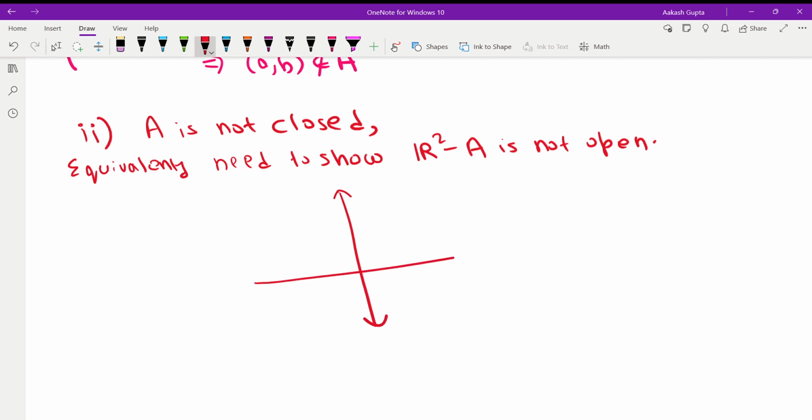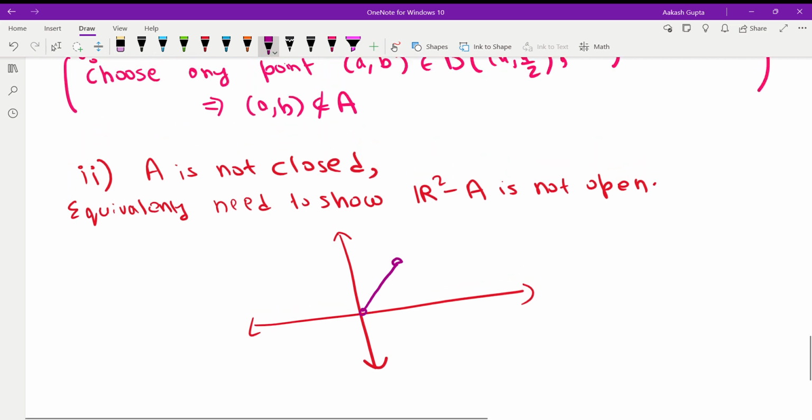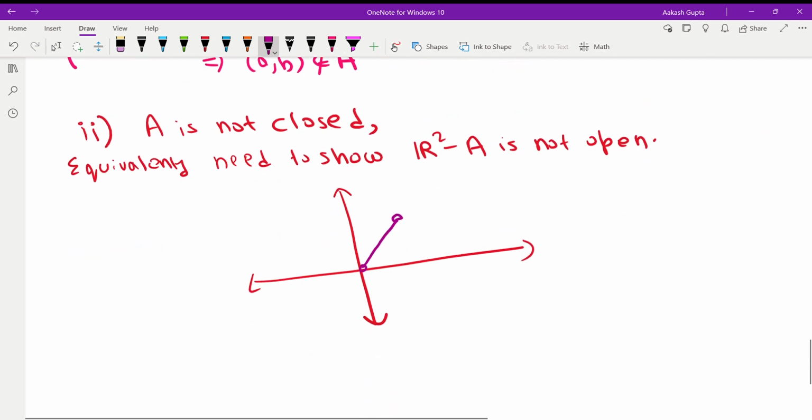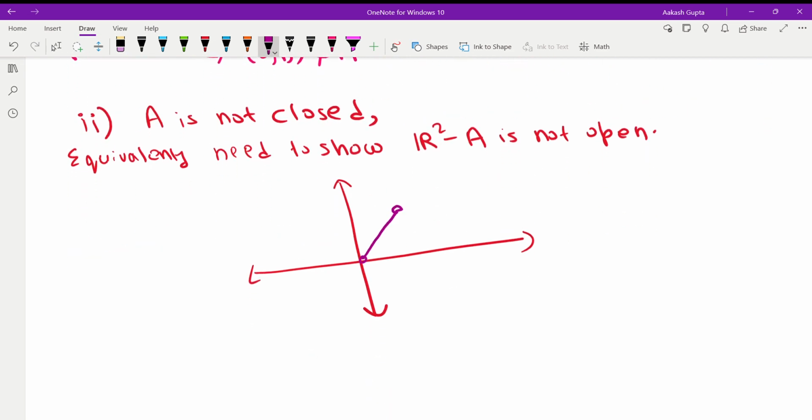Let me replot it. I think I don't need to show you what is R2 minus A. So apart from this line, apart from this purple thing, including these two endpoints, that is my R2 minus A.